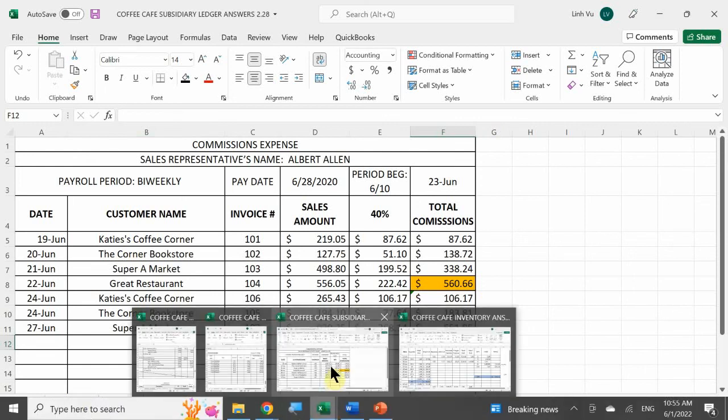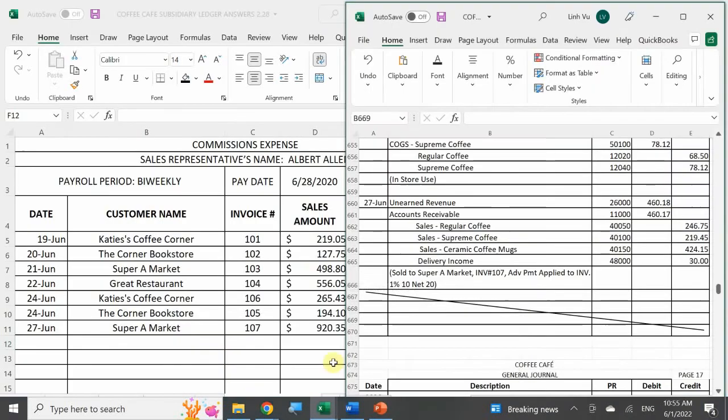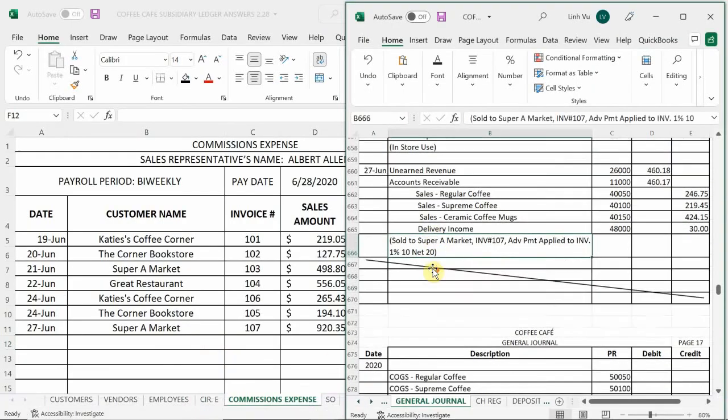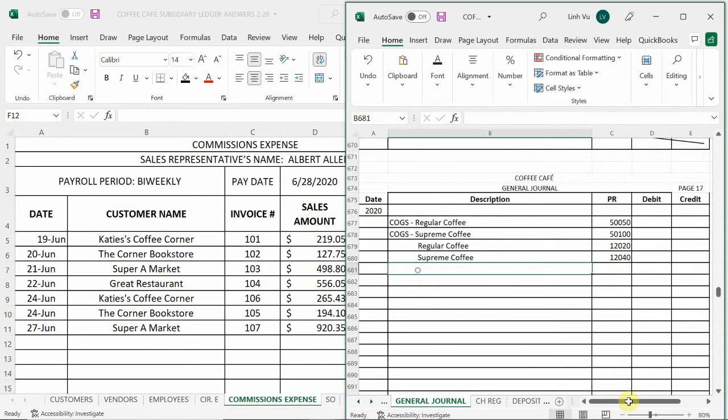So, of course, with that, now we need to update the inventory because that is what happened, right? We know exactly how many items we sold. We sold the Super A Market invoice number 107.